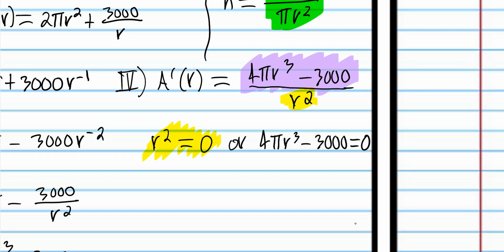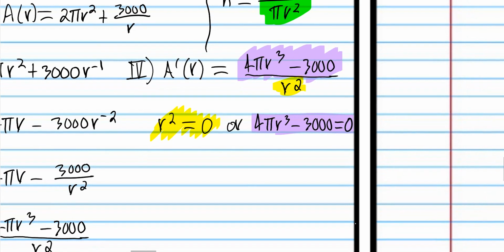So setting the numerator equal to 0, if we solve for r, over here we get 0, of course. If we solve for r over here, then r is equal to the cube root of 3000 over 4 pi.